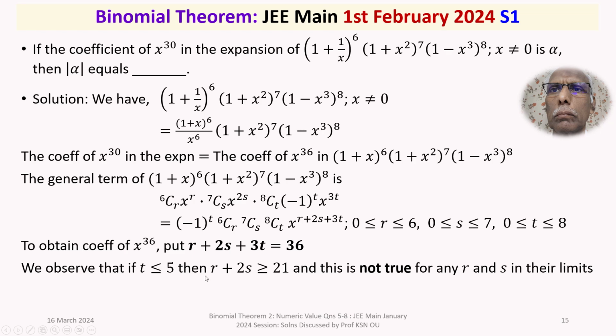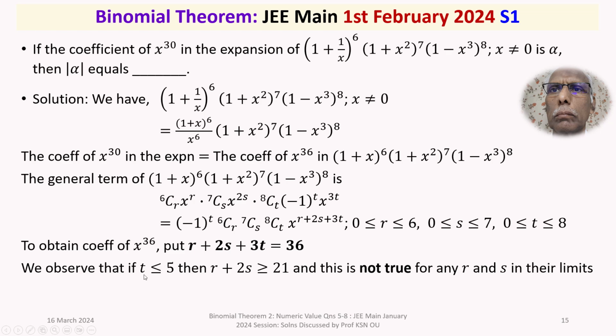We do not find any r and s in these limits with r + 2s greater than or equal to 21. The highest s it can take is 7, so 2 into 7 is 14, and the highest r that it can take is 6. So 14 plus 6 is 20 only. So it cannot catch up 21.